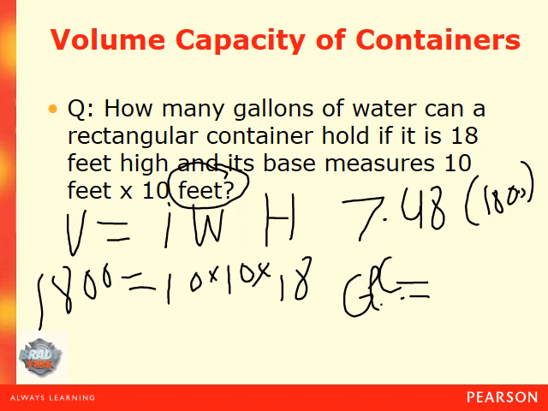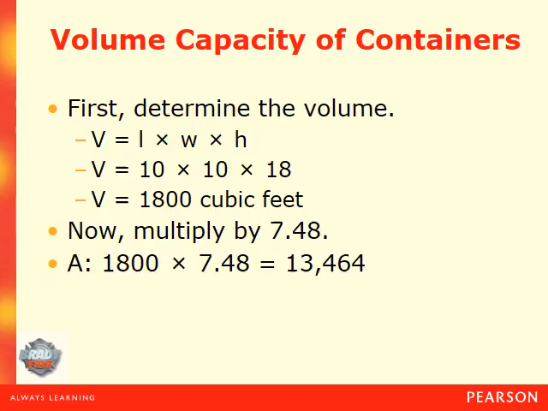So when we multiply 7.48 times 1800, we get 13,464 gallons. And here's a little cleaner version. Length times width times height, 10 times 10 times 18, is 1800 cubic feet. Then we multiply that by 7.48, which gave us 13,464.